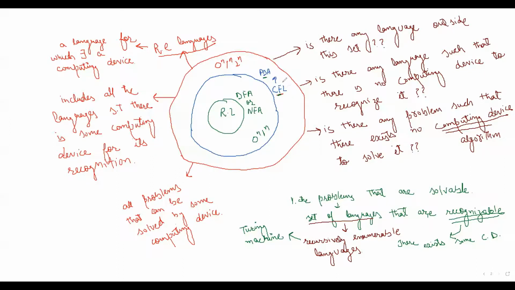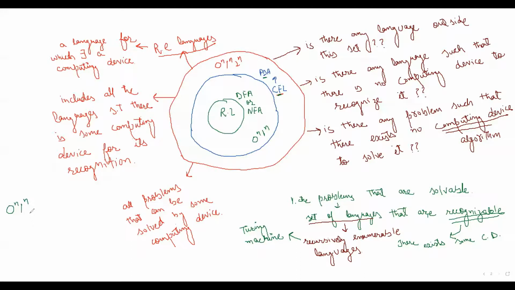And we know context-free language is a subset of recursively enumerable language. So this language is also a recursively enumerable language. So if this language is recursively enumerable, that means there exists a Turing machine for this language as well.